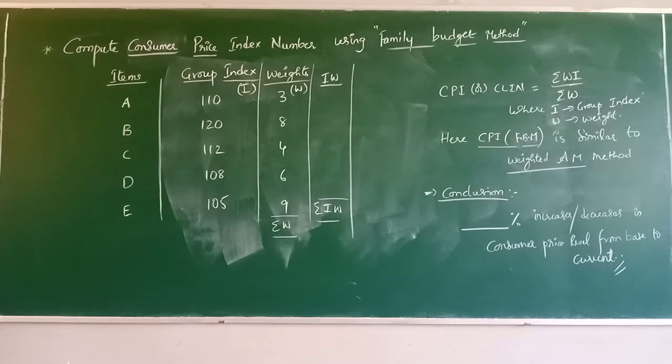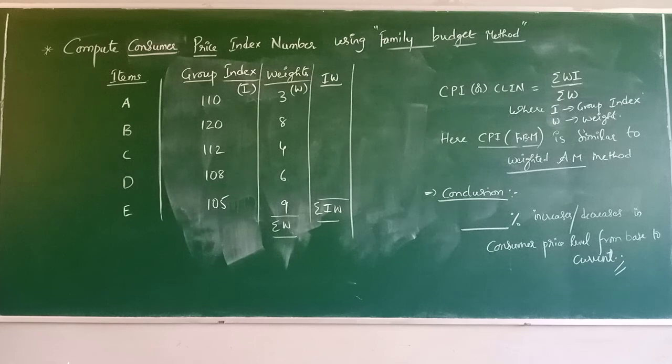So only one change: summation WI by summation W. After calculating this, write down the conclusion, how much percentage it has increased or decreased in consumer price from base to current.